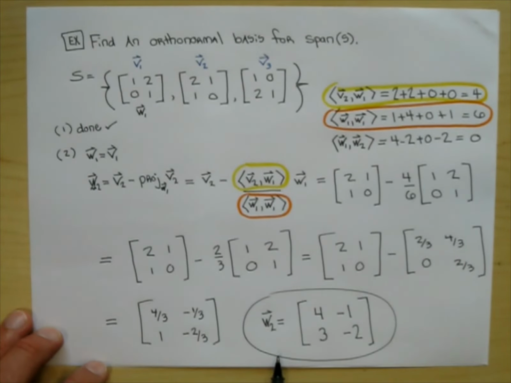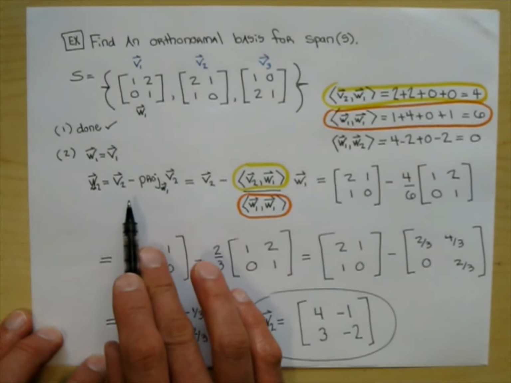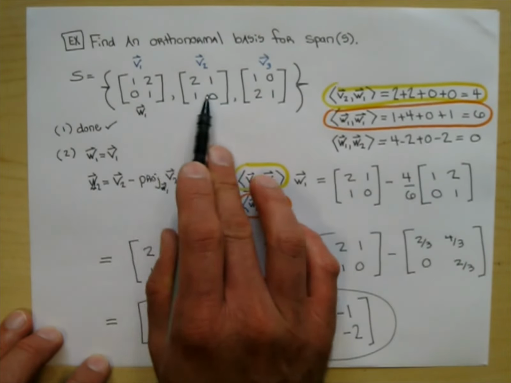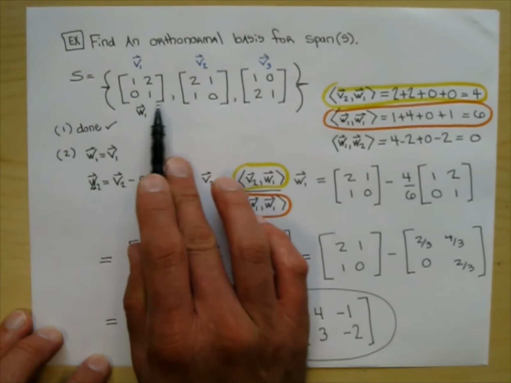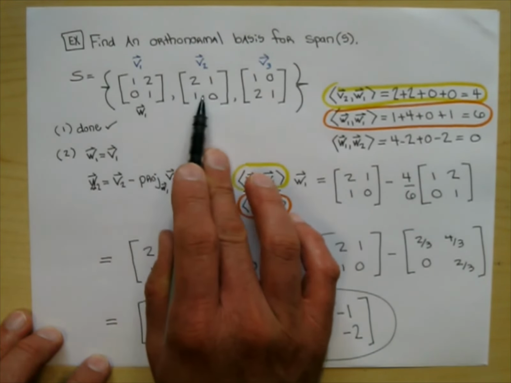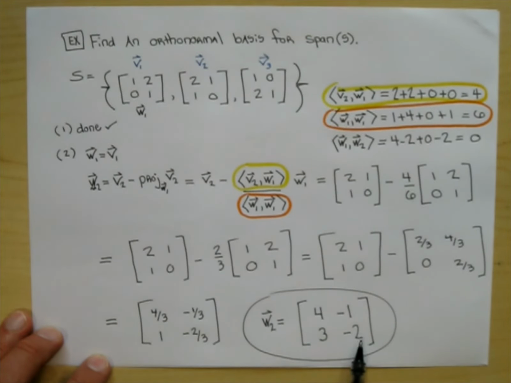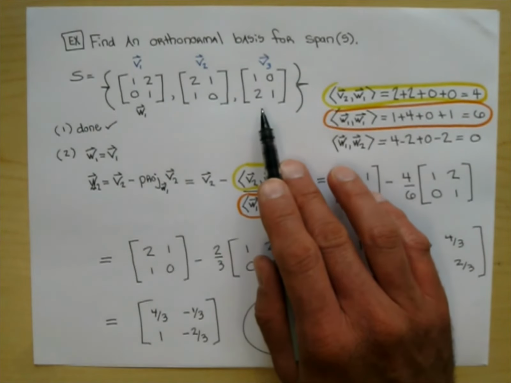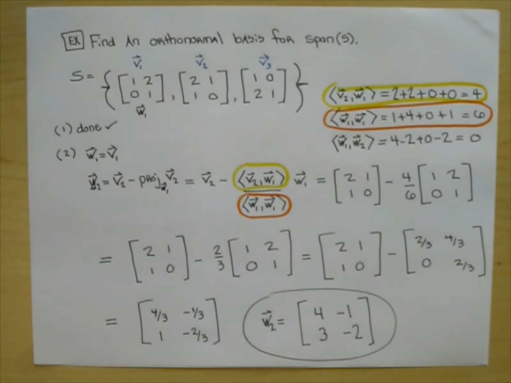So that's great. I have now done some twisting and turning of these guys, wrote a linear combination of those two, and out popped W2, which was that. And now I need to work on this guy right here, which is V3.